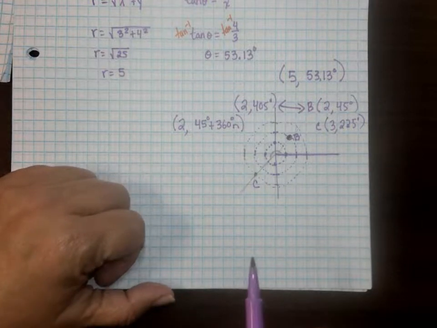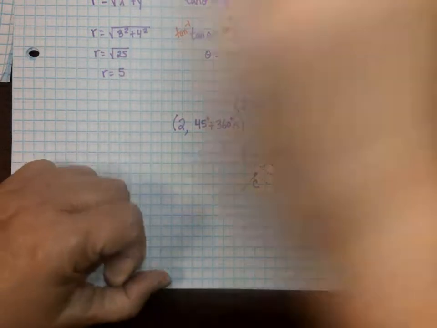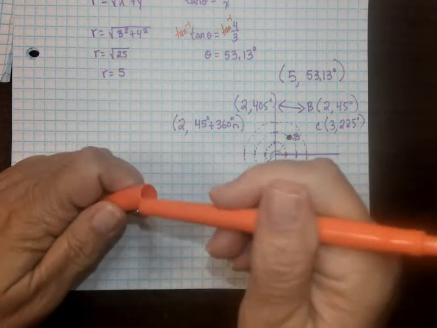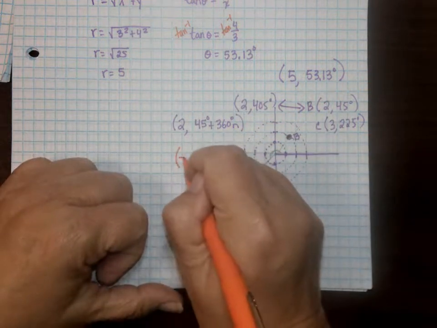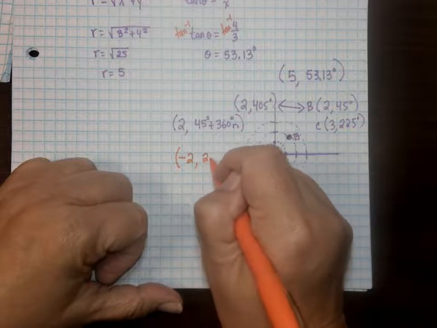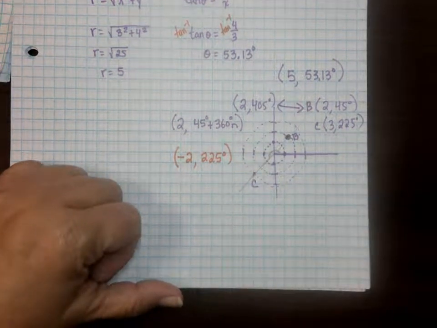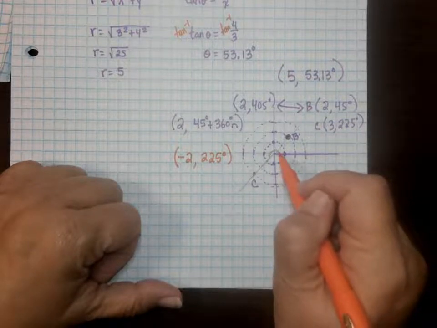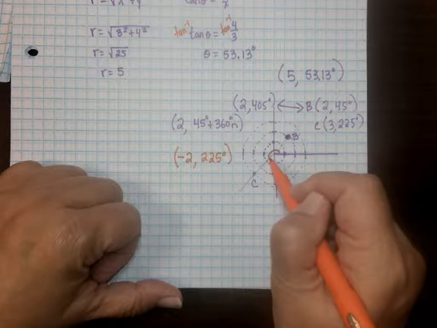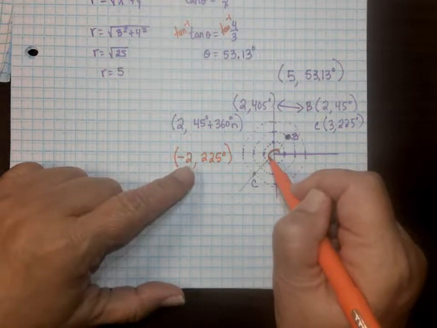All right, but here's another tricky thing about polar coordinates, which is, what if I had the point (-2, 225 degrees)? All right, so that's going to mean go around 225 degrees. So I've gone around that much. Now my radius is -2.